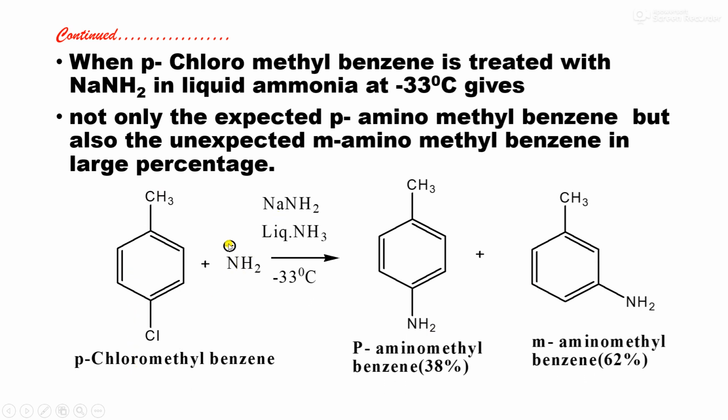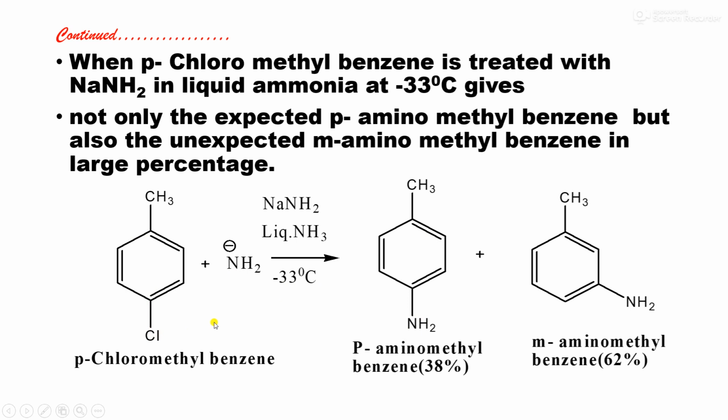It is reacted with NH2 minus, which is a nucleophile. It is obtained from sodium amide, and the solvent is liquid ammonia, and this reaction requires a temperature of minus 33 degrees Celsius. So friends, see the products.